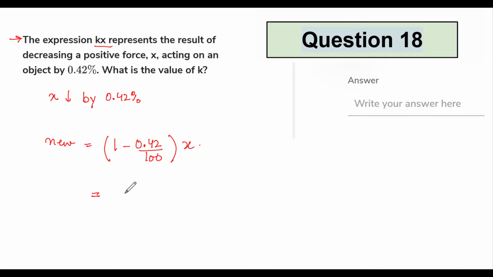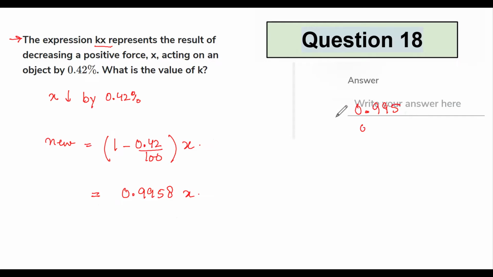If you solve this part, this will be 0.9958 times x. You can write it on Desmos as it is. You get it. That means k is 0.9958, 1, 2, 3, 4, 5. You just write this as the answer.